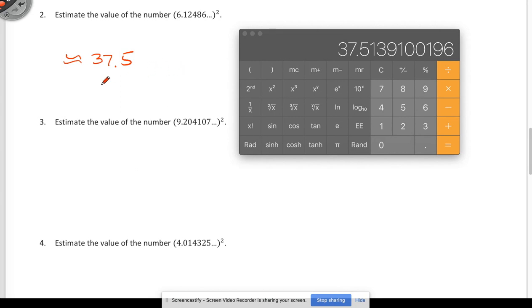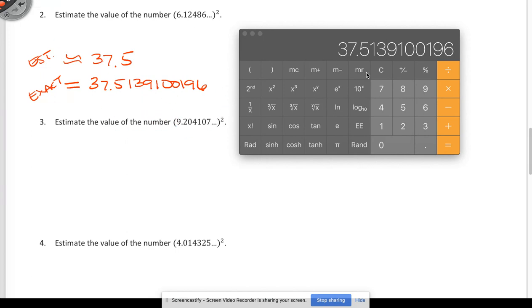All right, the whole answer, so this would be my estimate. The whole answer is 37.51391000196. All right, this is the exact. Now, of course, it probably does go on and on and on forever, but that's what our calculator popped up.